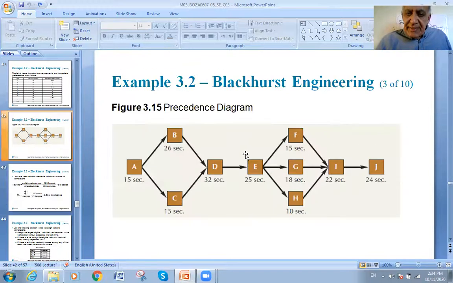As an example here, F, G, and H are three stations. They will wait until stage E is done. Then E will give to F, to G, and to H. Like I told you, let's say F is the sleeves of this shirt, G is the front of this shirt, and H is the back of this shirt. Then I will stitch all of them together.